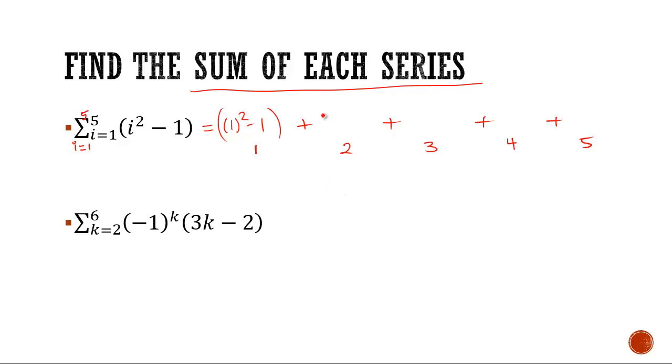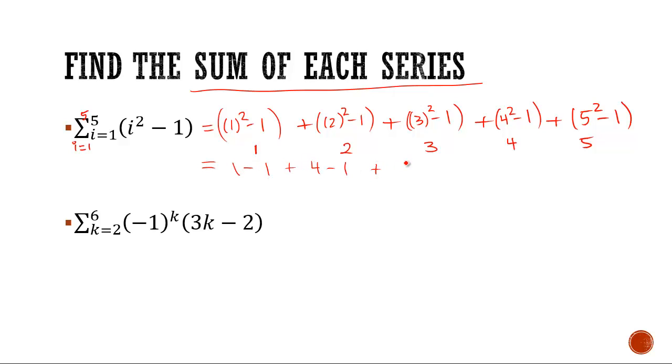That's your first. And then you have 2 squared minus 1, and then 3 squared minus 1, and 4 squared minus 1, and 5 squared minus 1. So let's find the sum. That's 1 minus 1 plus 4 minus 1 plus 9 minus 1 plus 16 minus 1 plus 25 minus 1. And when you add that all up, it equals 50.